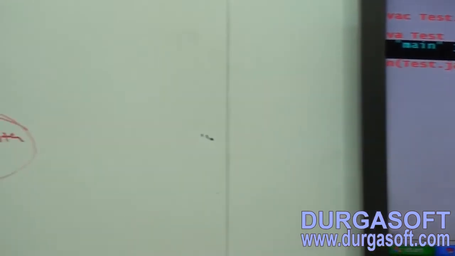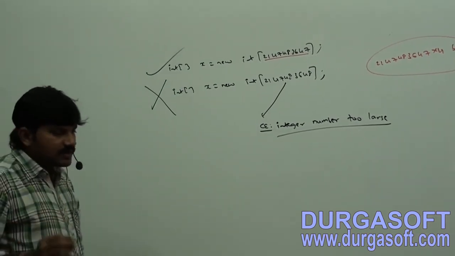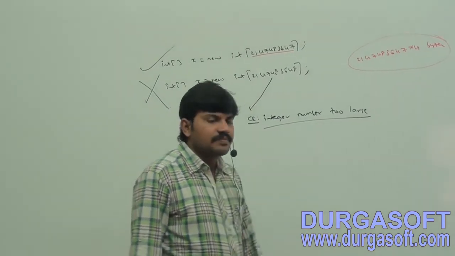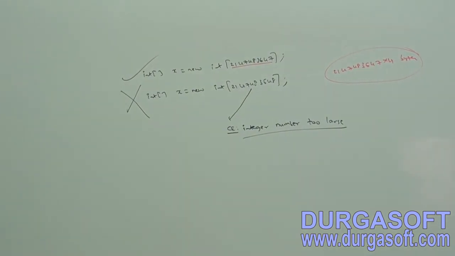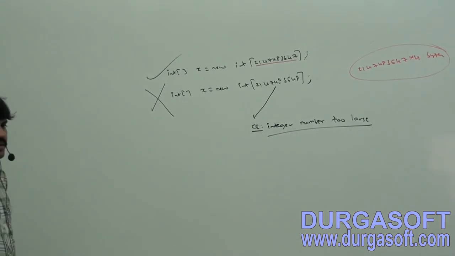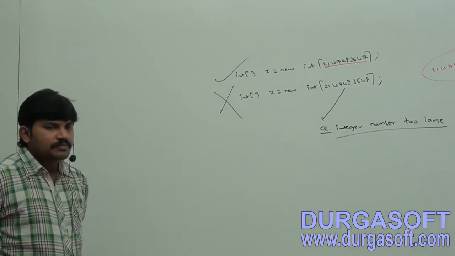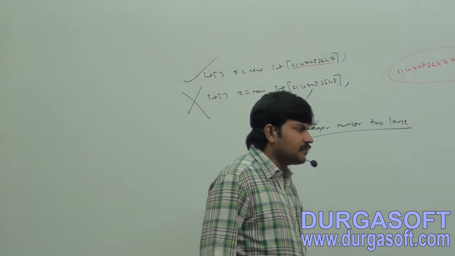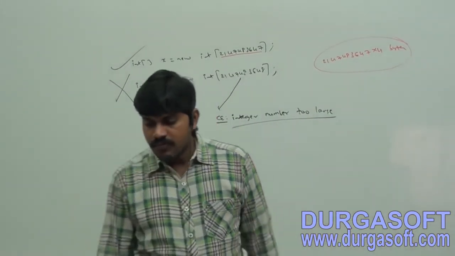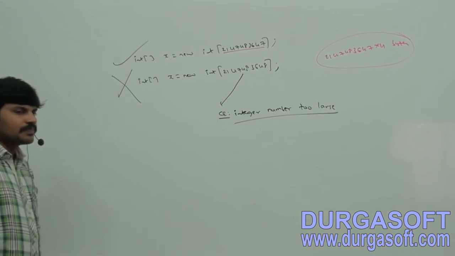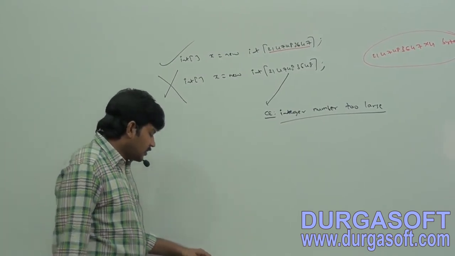Take a note. The maximum allowed array size in Java is 2147483647, which is the maximum value of the int data type.